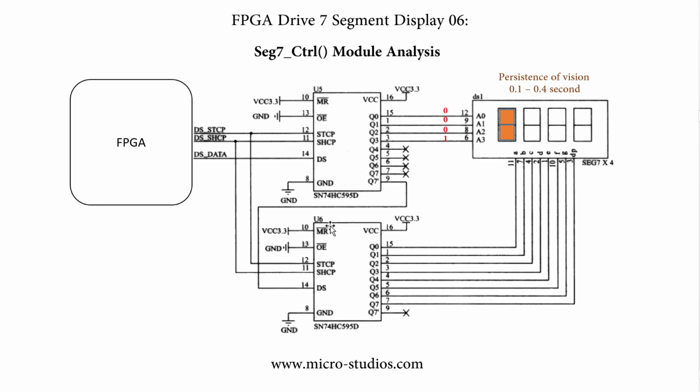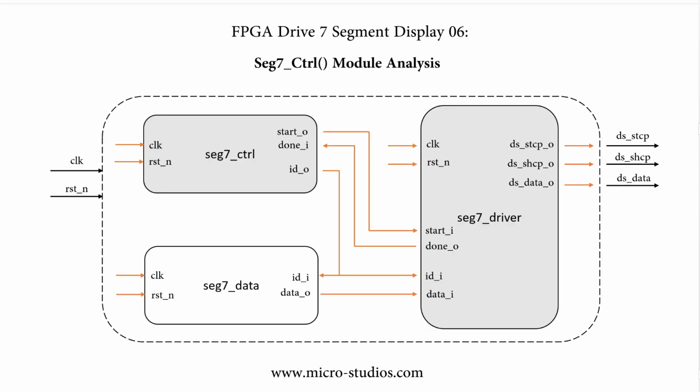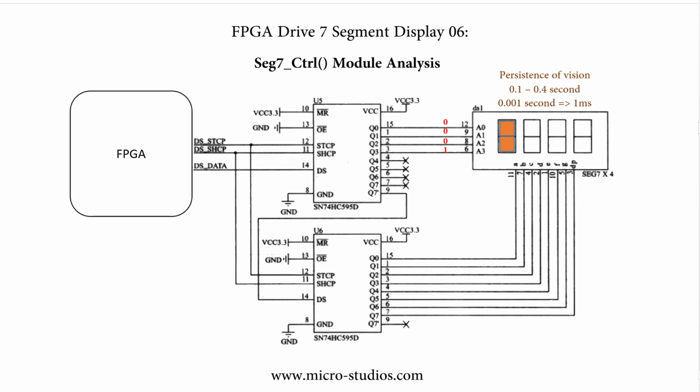So how fast can we switch the bus? In our project, we use 0.001 second. It means 1 millisecond to switch the control pin, and it is the ID signal from here that switches the control pin.